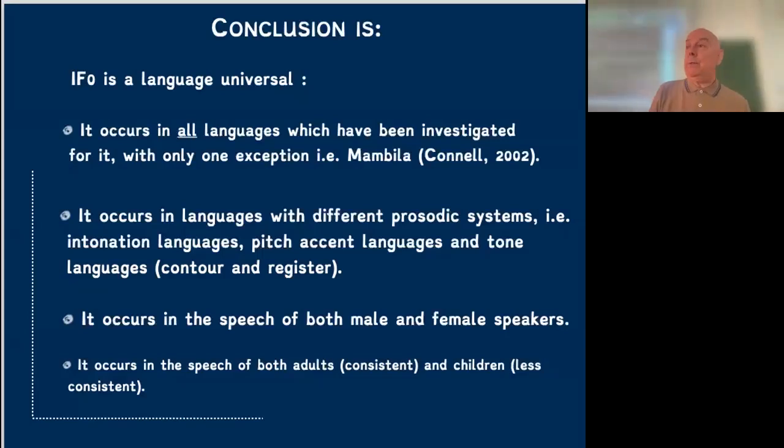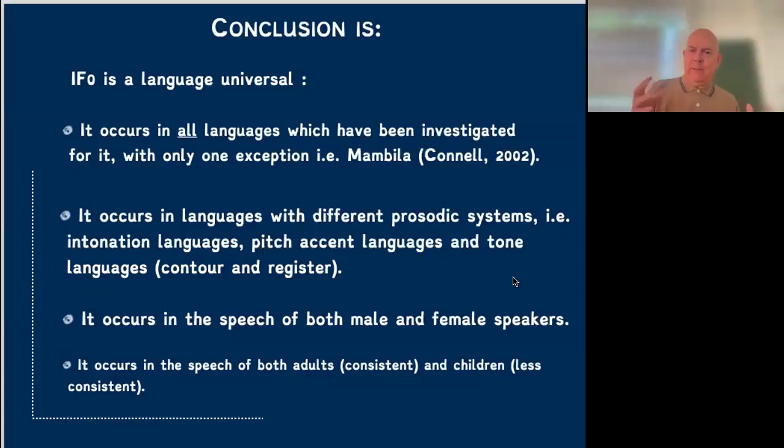In all these studies, it occurs in languages with very different prosodic systems: in intonation languages, tone languages, both register and contour tone languages, in pitch accent languages such as Norwegian or Limburg, Belgian, Netherlandic Dutch dialects that we've been working on a bit.